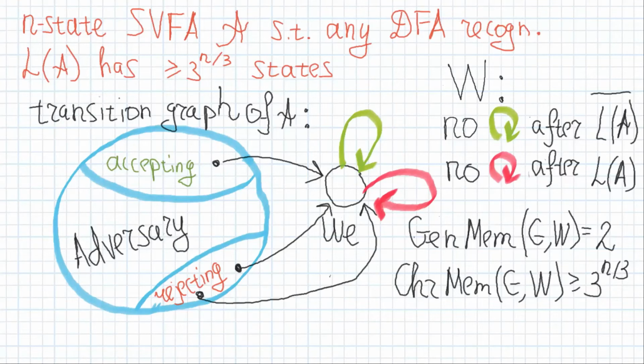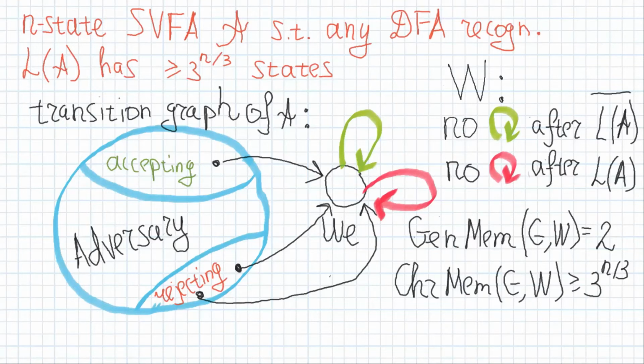Now let us define W. But first, let's see what can happen in the game. First, the adversary controls the transition graph. So in principle, it can stay there forever. Then the sequence of colors will consist entirely of input letters of A, and we assume that this is winning for us.